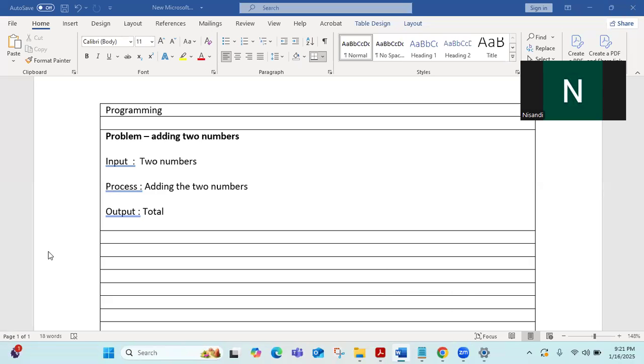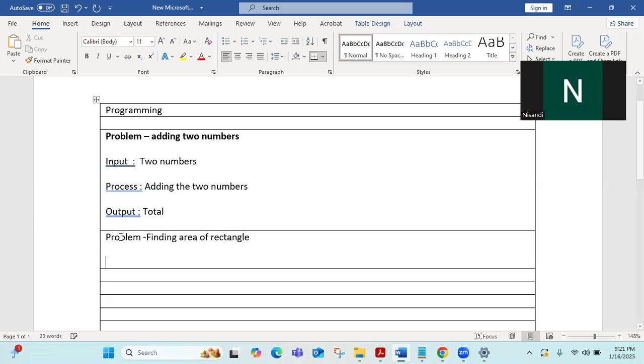Right. So that is the first problem we discussed. Okay. Then I have another problem: finding the area of a rectangle.